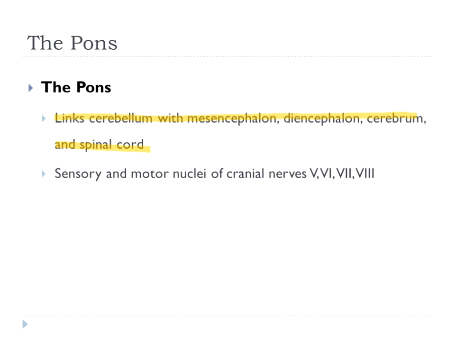So the pons links the cerebellum with the mesencephalon, the diencephalon, cerebrum, and the spinal cord. So much like the medulla oblongata, it has a role in coordinating and also communication between different parts of the brain. As I said before, there are quite a few cranial nerves on the pons. Cranial nerves 5, 6, 7, and 8 are all cranial nerves that we find coming out of the pons.